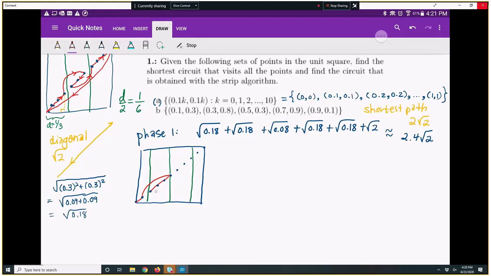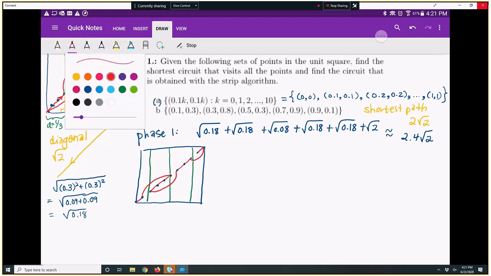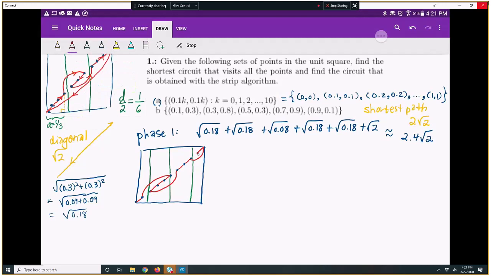Then in the third strip, I go from the bottom to the top. Now in the fourth strip, I again go up and then down. So I go out to the corner and then down. And then finally, I need to close the circuit, so I need to go back to the point 0, 0.